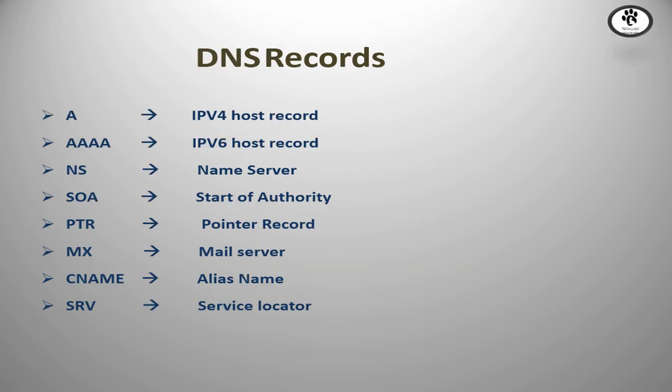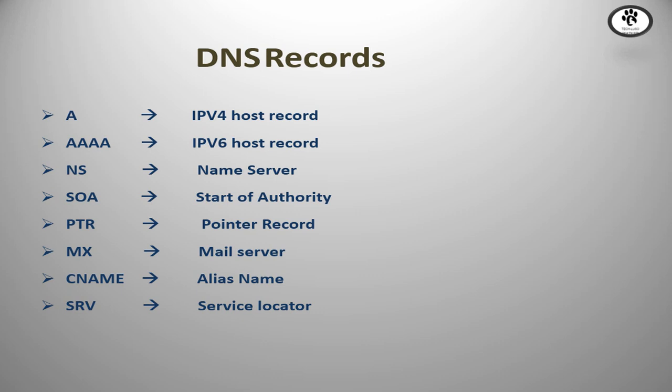Next, about DNS records. Already I told you DNS will store the information. How will it store? It will store the information in the form of records. There are many records, more than 25, but around 7 or 8 records are most commonly used.